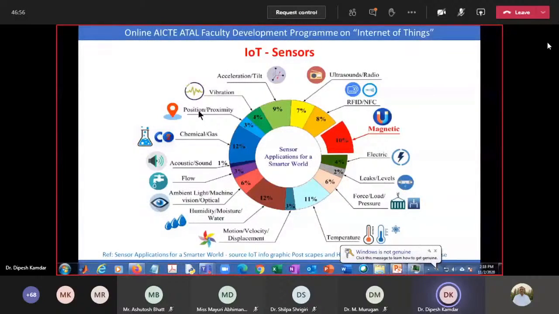These are the sensors that sense this kind of quantities and give us the output. So basically, these sensors can be classified.